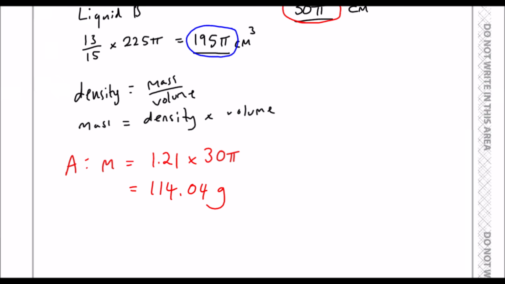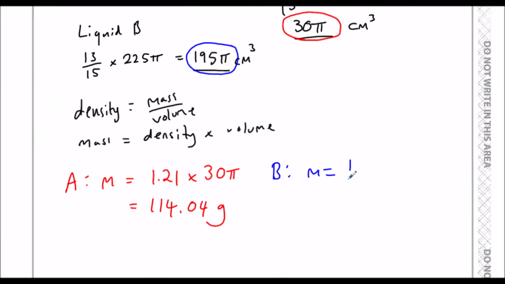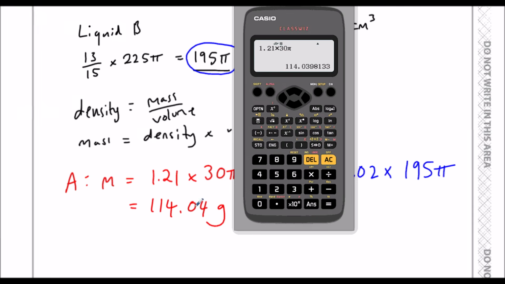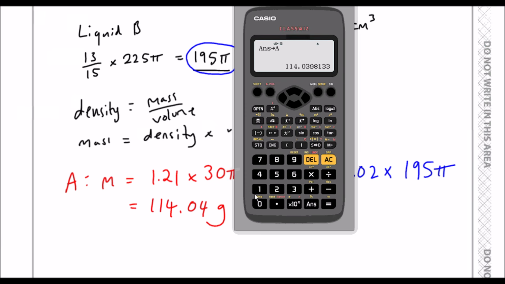And that's grams. And for B, the mass is density 1.02 times volume 195 pi. Actually, I'll store this as A. And then 1.02 times 195 pi, which is 624.86.